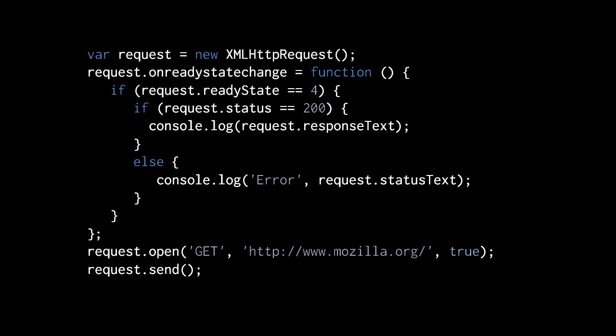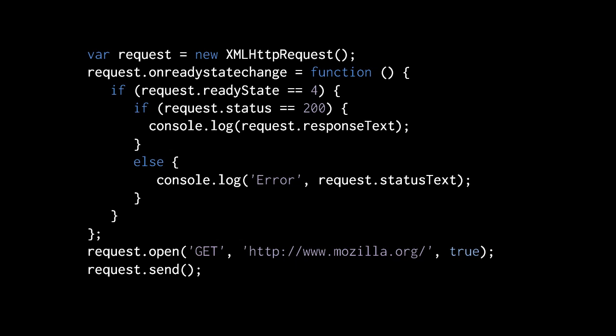So here in our handler function, we're just testing, is the ready state equal to 4, and if so, then we know the response has come back and it's ready to be used. And then here we're checking the status of the response, that is the HTTP response status. And remember, 200 signifies an OK response, a good response. So if we get a code 200 OK response, we're just going to take the response data, request.responseText, and write it out to the console.